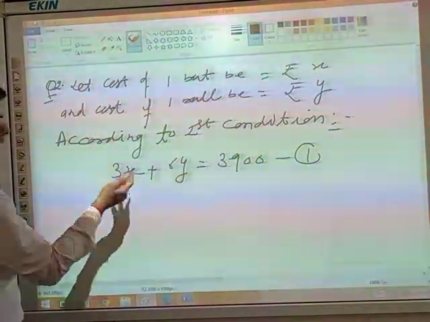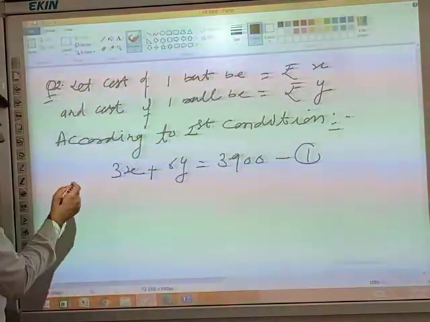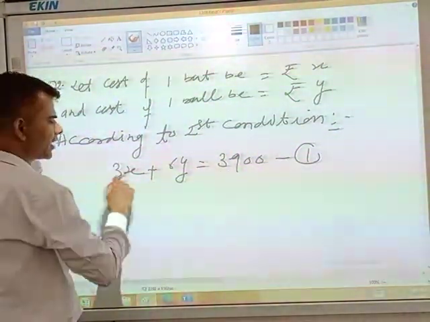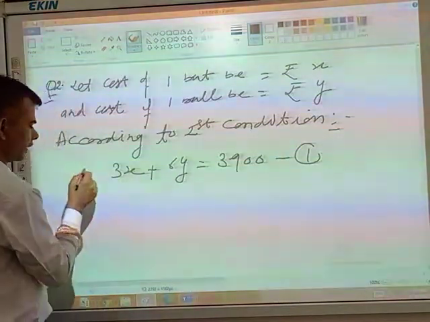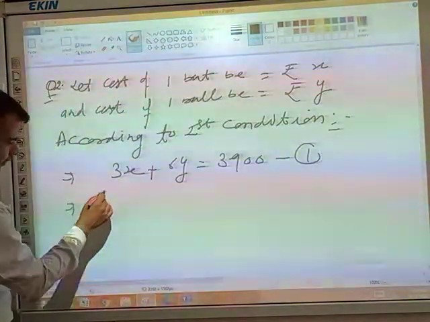Students, what is common throughout the equation? 3x and 6y, so 3 is common.